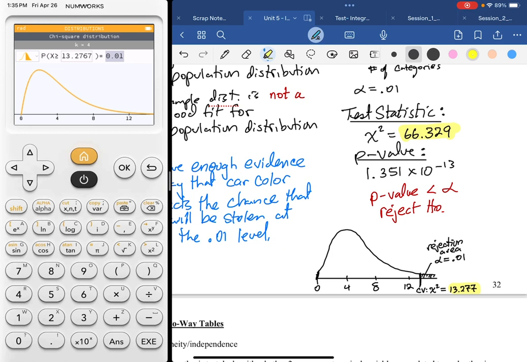So 66.329 is very far into the reject the null region, right? So that's another way that you can draw the conclusion that we're rejecting the null hypothesis. All right, so just to keep that in mind. And also chi-square distributions are always going to be right skewed and right tailed. So you only have to worry about finding that one value on the right-hand side.